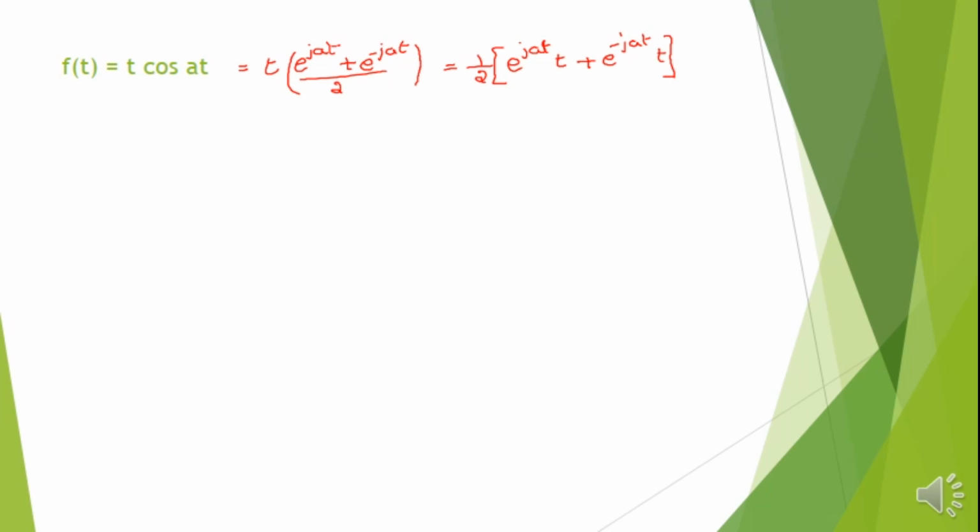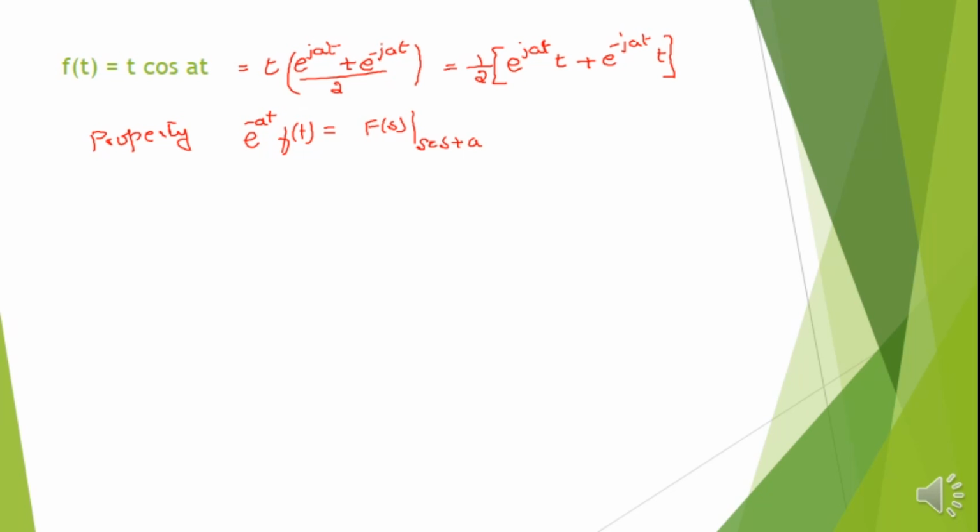So we have the shifting property: if Laplace transform of f of t is F of s, then Laplace transform of e to the power minus at f of t is F of s at s equal to s plus a.